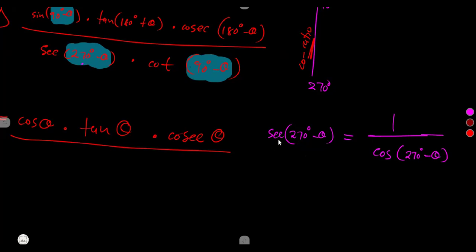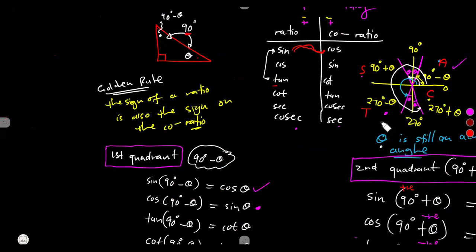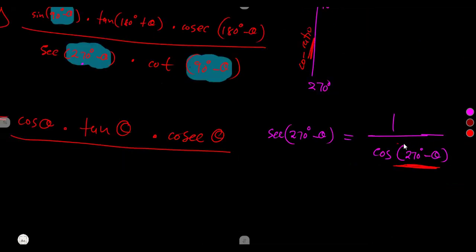These are our concepts. So if you don't know its equivalent directly, you can calculate it that way because you are used to 270 minus theta. You are asking, this is a co-ratio. So 270 degrees minus theta is for what? For tan. What does it mean about a cos? Cos there is negative. So this is negative. We change it to its equivalent co-ratio. This is our ratio. So what is the ratio for co?